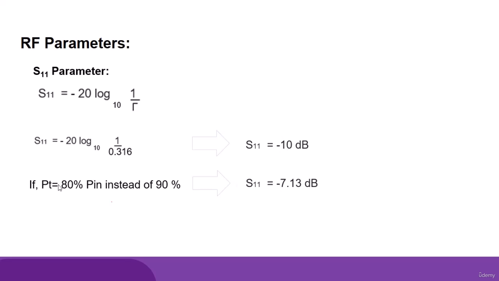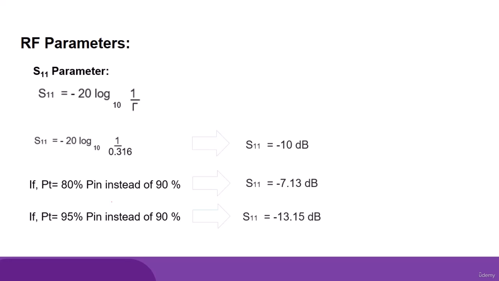Conversely, if the transmitted power becomes 95% of the input power instead of 90%, then by applying the above formula, we obtain the S11 parameter as minus 13.1 dB.